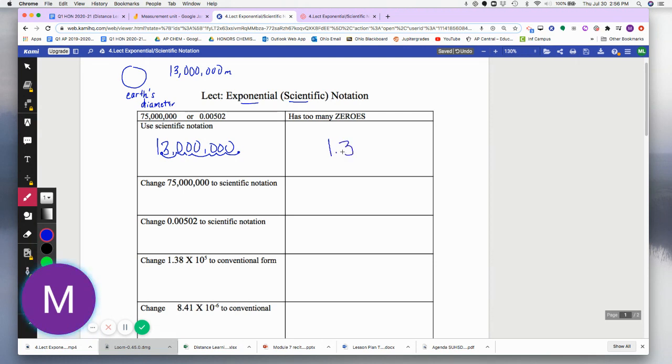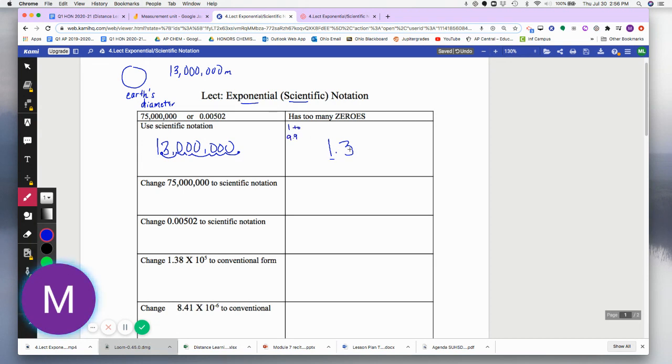Remember the decimal place has to be after the first non-zero number, which means these numbers should be between 1 and 9.9.